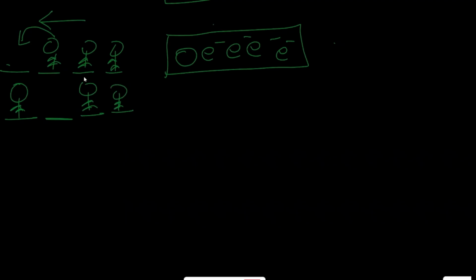And this guy is waiting for his turn to move. Now there is an empty spot beside him, so he tries to occupy this empty spot. This person sitting here remains the same, and this person will occupy the empty spot, and this place will become vacant now, and the last person remains the same.